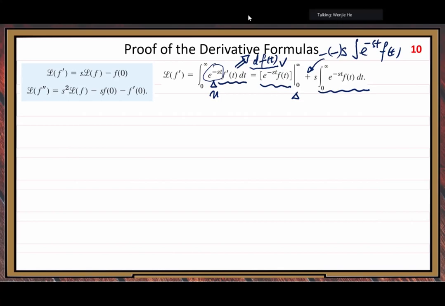And how about the first term? Can you see the first term after you insert the integral limits? Let's look at infinity.